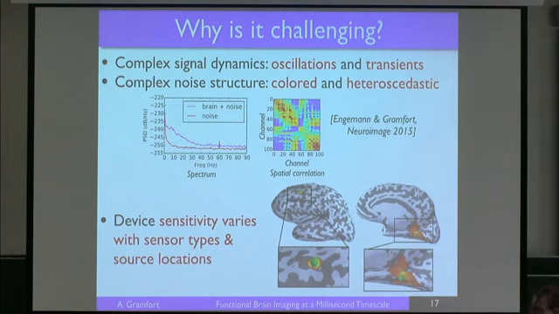But somehow you're going to be quite confident when you localize here. When you look at something which is farther away from the sensors, you're going to have more uncertainty. What it means, if you were to do deconvolution and image processing, is that every pixel of your camera has a different noise level, that the noise is correlated between pixels, and that the blurring depends on where you are in the camera. And this is my problem.